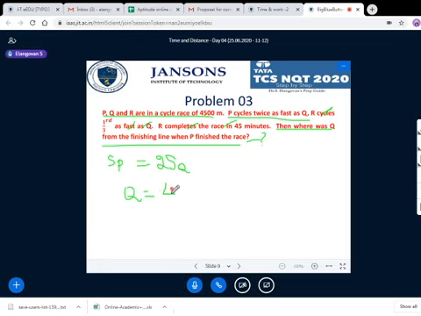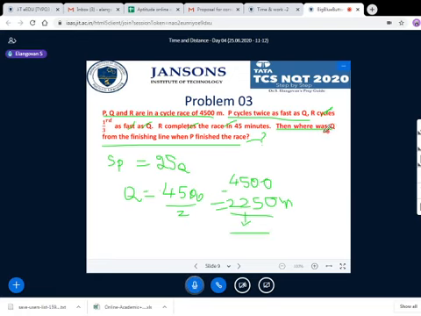So 4,500 divided by 2 is equal to 2,250. So Q covered 2,250 meters, but P covered 4,500 meters. So 4,500 minus 2,250 is again 2,250. So that is going to be the answer. Why? Because they are asking where was Q from the finishing line.